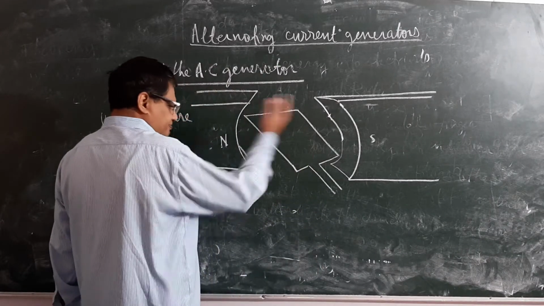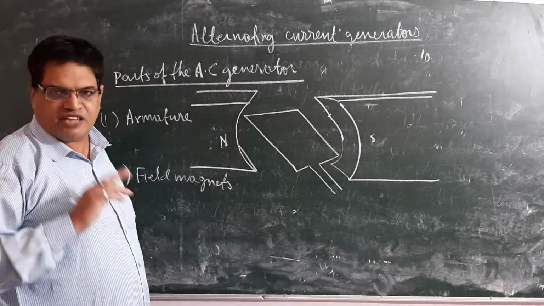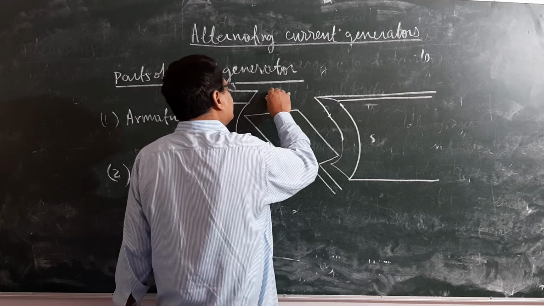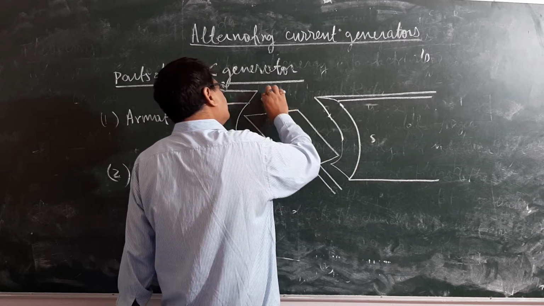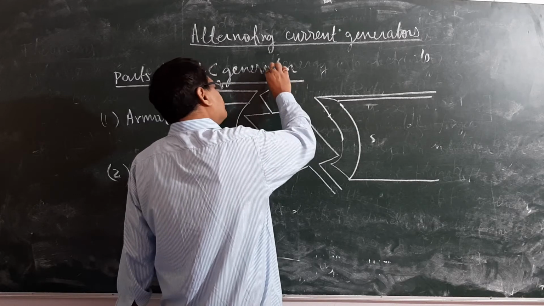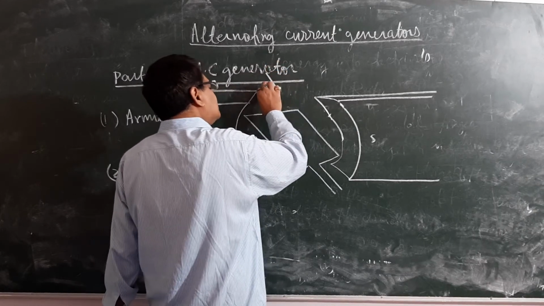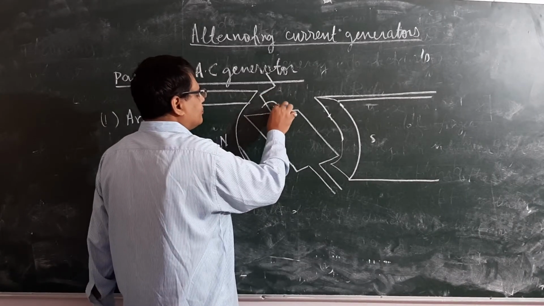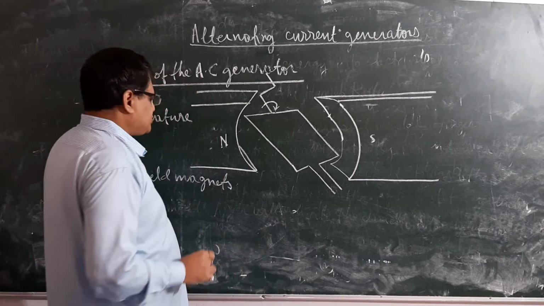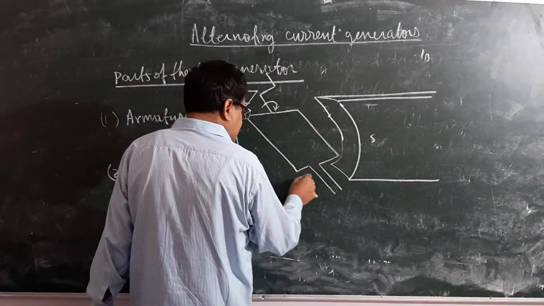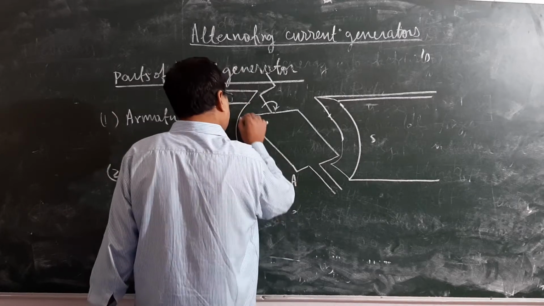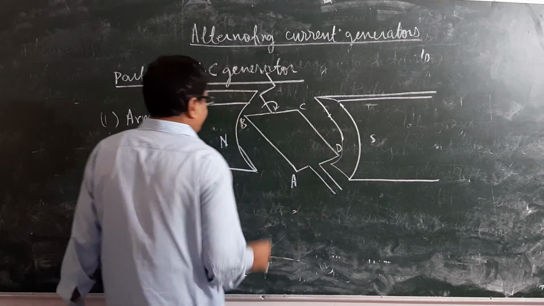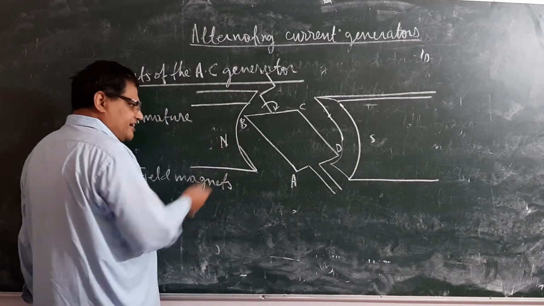This coil is made to rotate. That is, the armature is made to rotate. Suppose we rotate it using a handle. So there is a handle over here. This arrangement will rotate this armature, so it is rotating in the clockwise direction. When this rotates, these ends of the coil, that is A, B, C, D, will cut the magnetic flux.